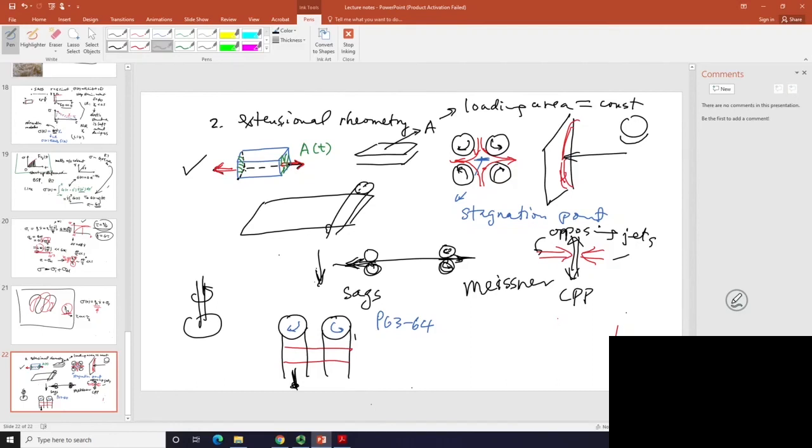So in any case, we have to be able to walk before we run. And of course, we just need to introduce some of the notations. You have a cross-sectional area, you have a length of your sample. Your length in the beginning, we can call it L0.